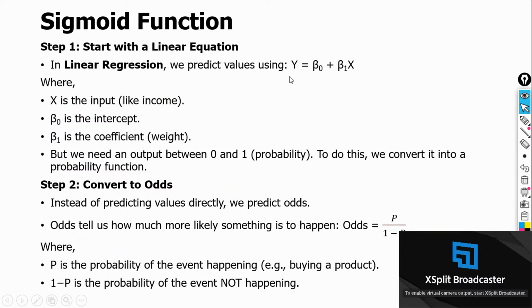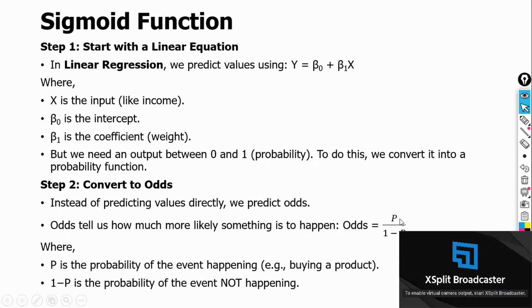We also have a derivation of how this sigmoid function converts the probabilities to values between 0 and 1. We just need the output 0 and 1, so the probability will be calculated. We have the concept of odds, and odds is given by this formula: odds equals p by 1 minus p.